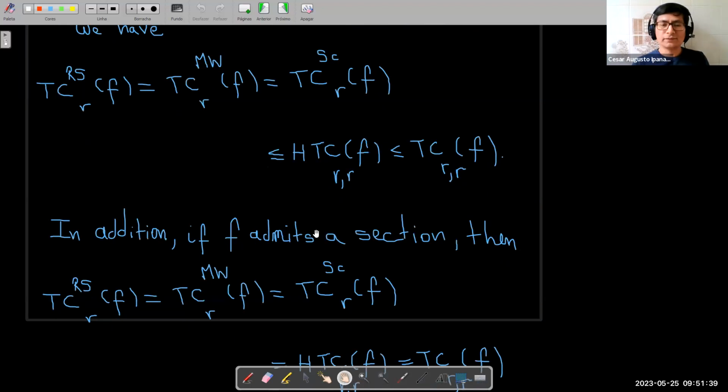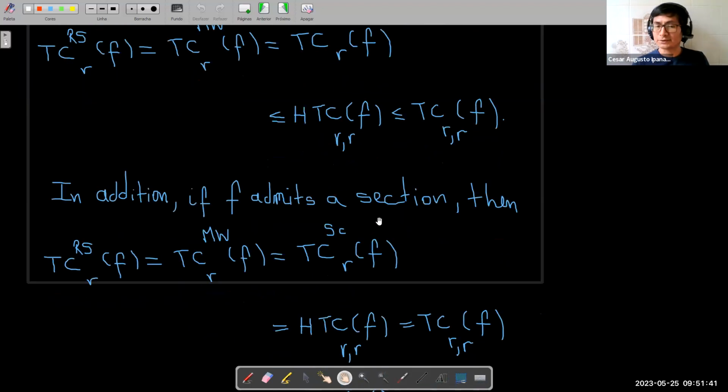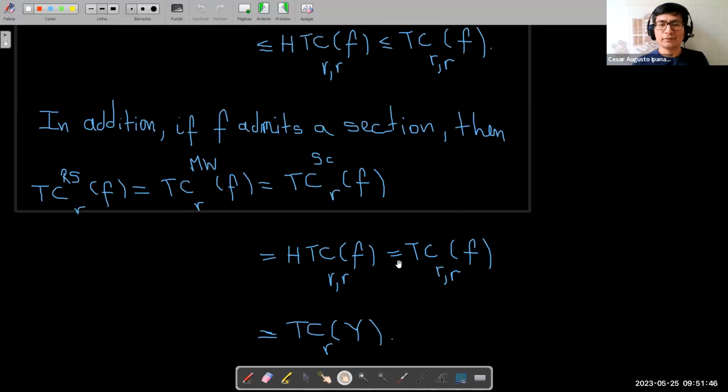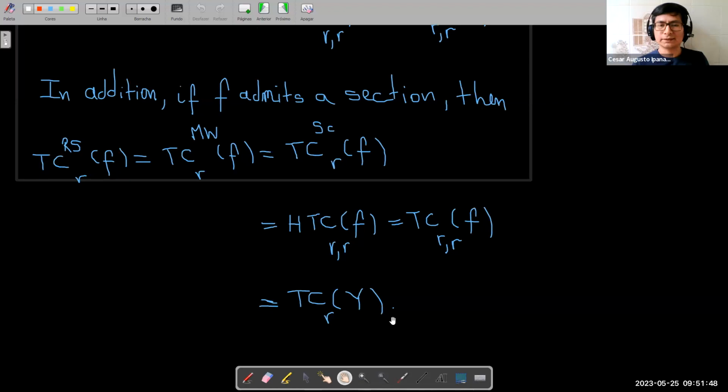In addition, if f admits a section, all of them coincide, and moreover coincide with the Rudyak TC. This statement shows that our invariant is a unification of the previous higher TCs.